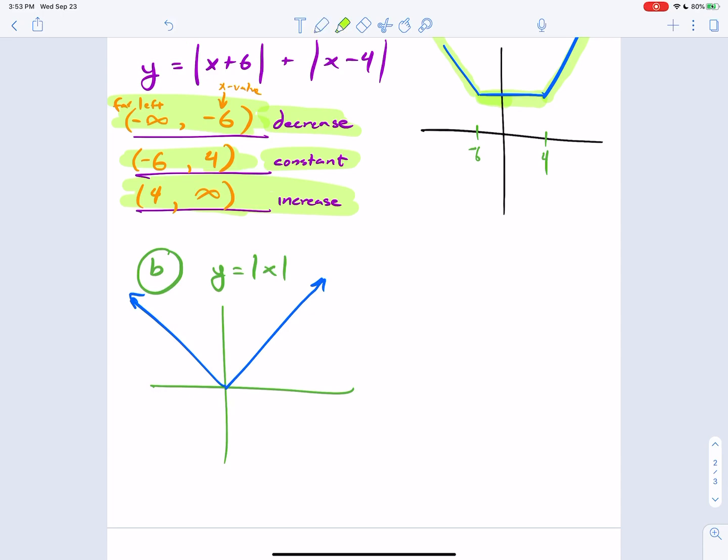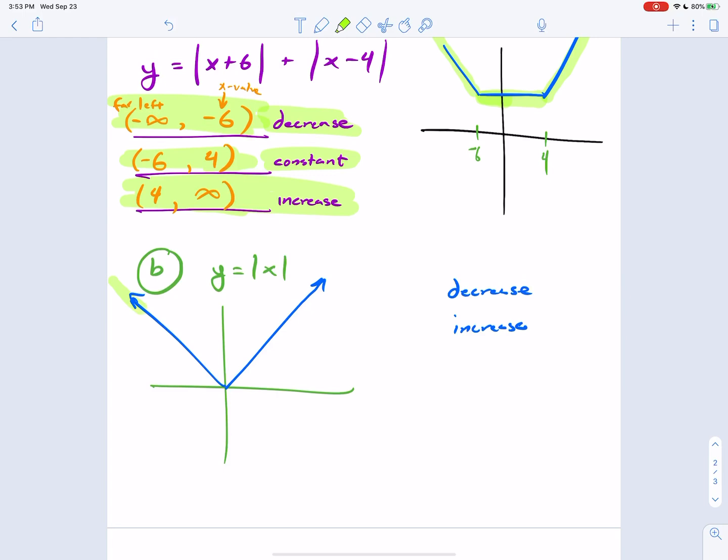From left to right, it looks like it's going down and then it's going up. Using the more technical term, it first starts to decrease and then it increases after. But notice how there's no moment where it's constant. So the question here is, from where to where is it decreasing?